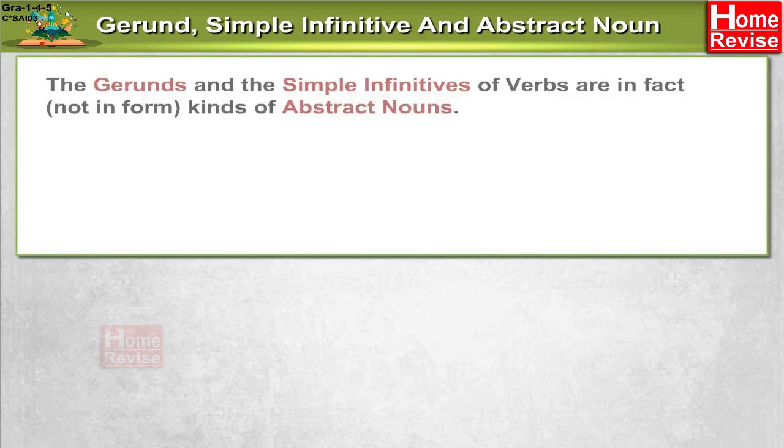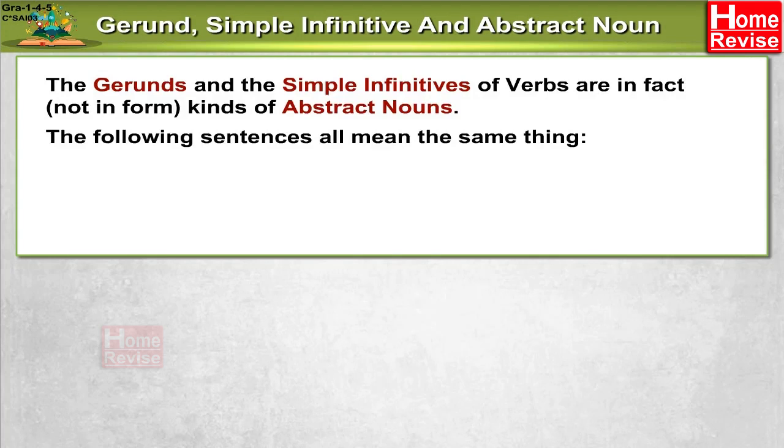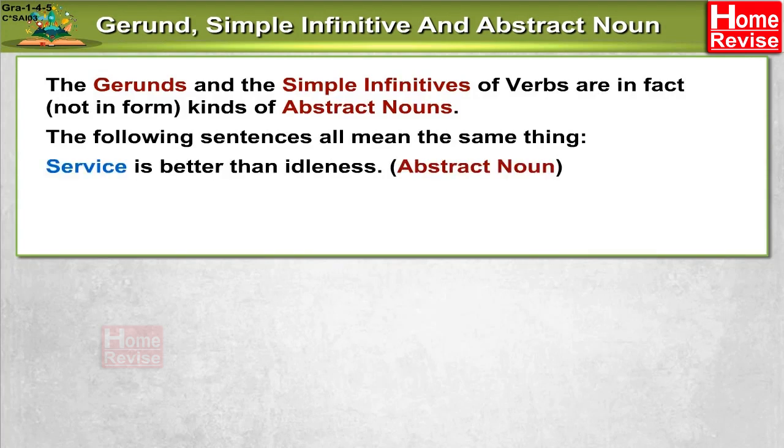Gerund, simple infinitive, and abstract noun. The gerunds and the simple infinitives of verbs are in fact not in form kinds of abstract nouns. The following sentences all mean the same thing. Service is better than idleness. Abstract noun.